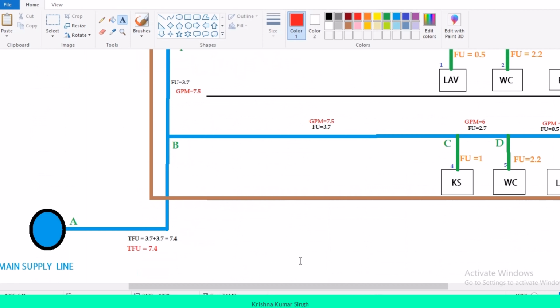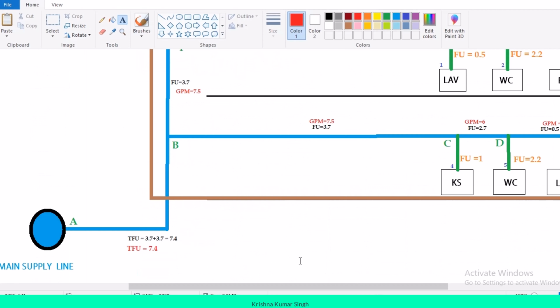Now I have calculated all the GPMs of our sample project, so you can use it. Please remember one very important thing: you cannot find the GPM by adding the previous two GPMs.